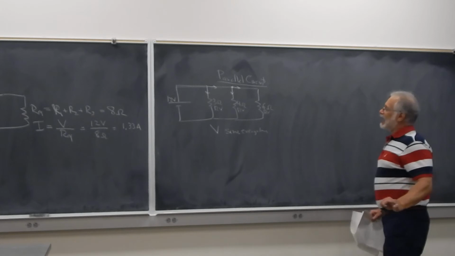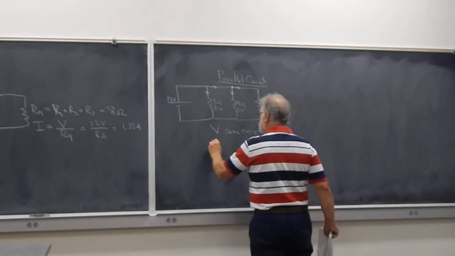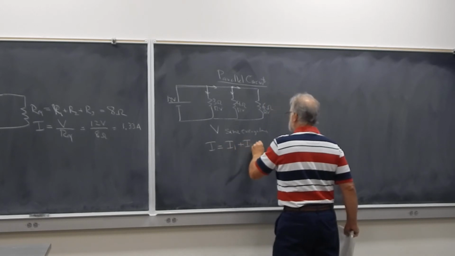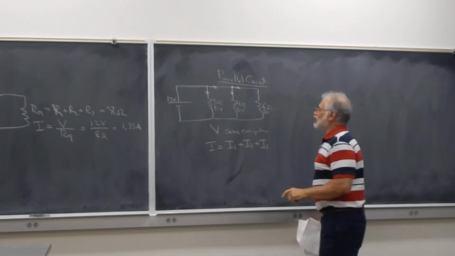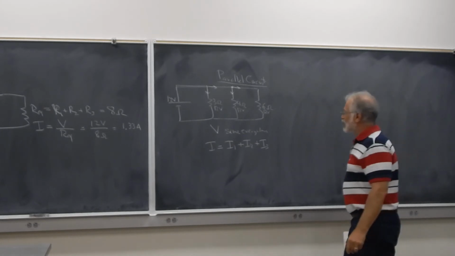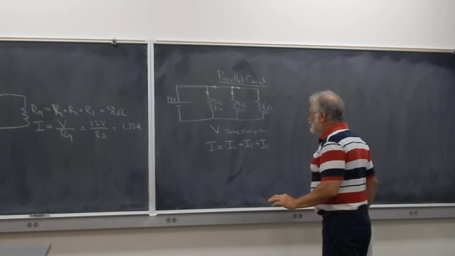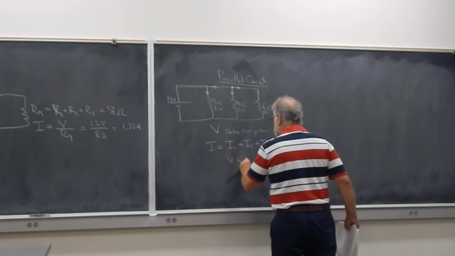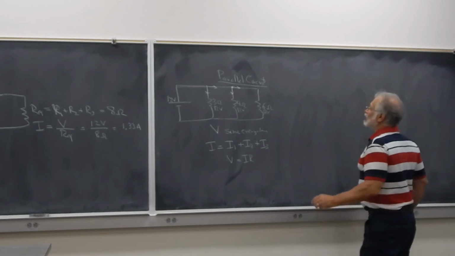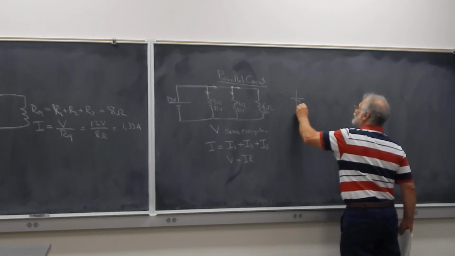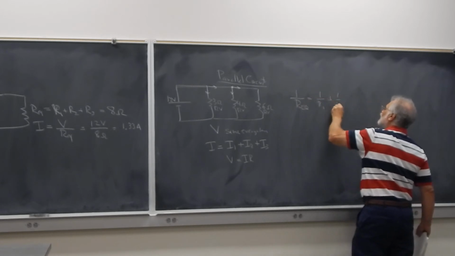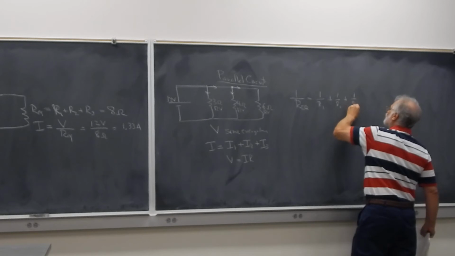But the currents add, so the current from the battery is going to be equal to the sum of the currents going through each of the resistors. Since V equals IR, the equivalent resistance in the circuit would be calculated by saying 1 over R equivalent is equal to 1 over R1 plus 1 over R2 plus 1 over R3.